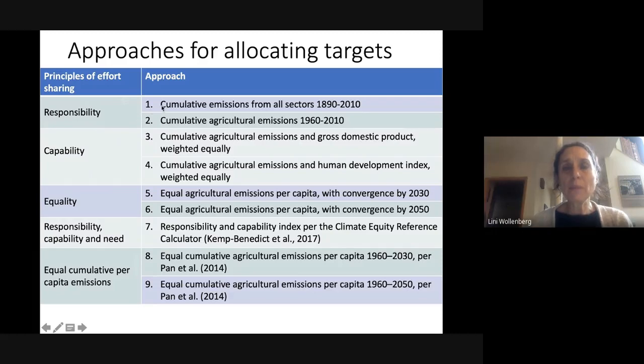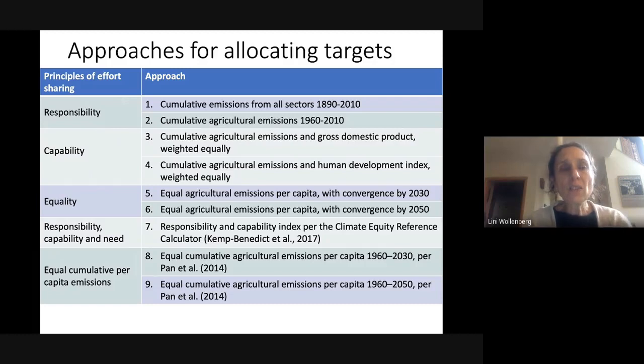One is that you should be responsible for the cumulative emissions from either all sectors or from agriculture, basically since we've got data, or since we know the emissions existed. So one approach is to distribute that 1 gigaton in proportion to the cumulative emissions of a country since they started emitting, either in agriculture or all sectors.